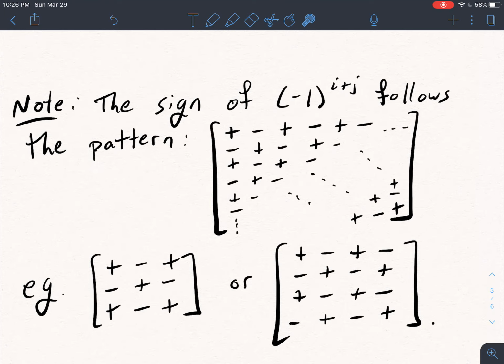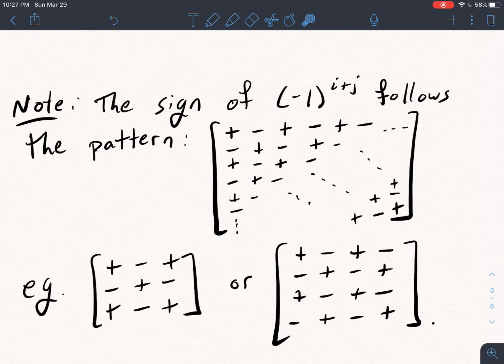So the 1, 1 cofactor would be multiplied by negative 1 to the 1 plus 1, which is 2, so it should be positive. And then, like we said before, the 1, 2 cofactor should be multiplied by negative 1, the 1, 3 by positive 1, and then 1, 4 is negative, 1, 5 is positive, and so on and so forth. And if you were to start in row 2, then that would alternate because you would be adding 1 to all of those exponents. So negative 1 to the 2 plus 1 is negative, and so on.